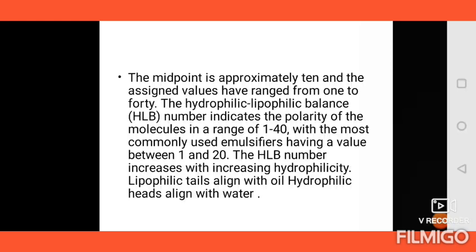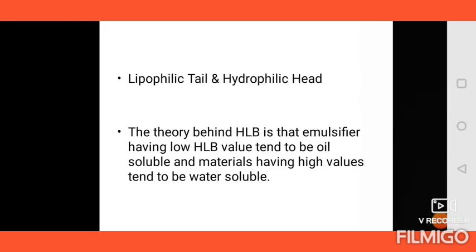The HLB number indicates the polarity of the molecules in a range of 1 to 40, with the most commonly used emulsifiers having a value between 1 and 20. The HLB number increases with increased hydrophilicity. Lipophilic tails align with oil, and hydrophilic heads align with water.